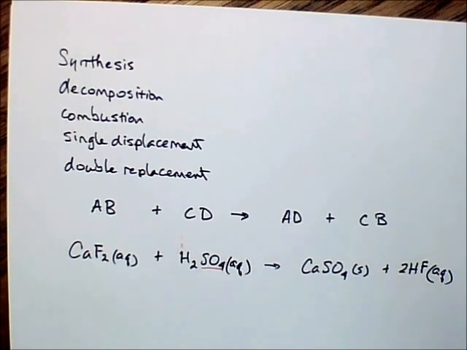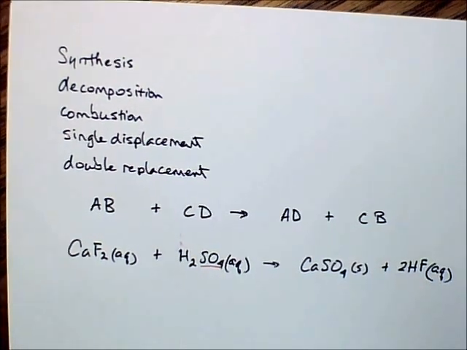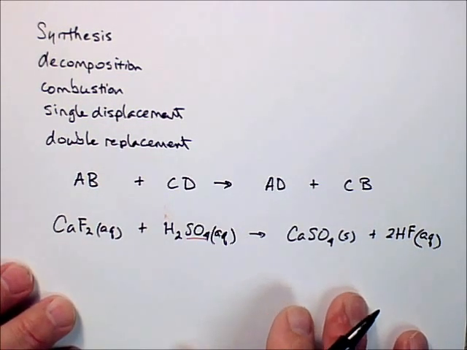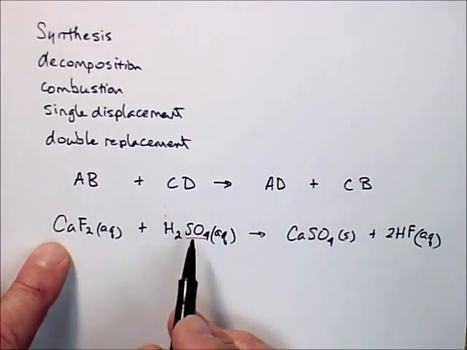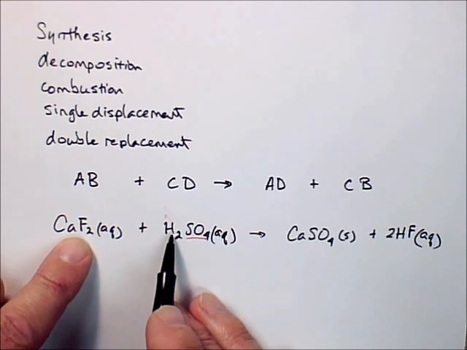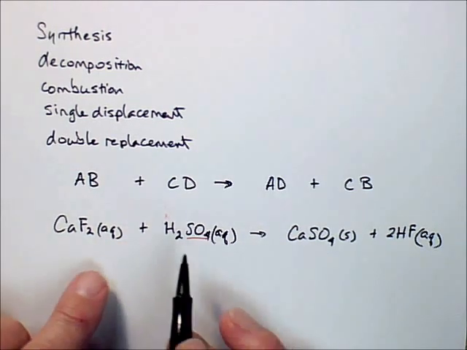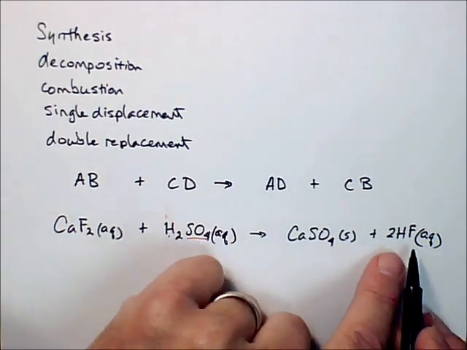And we're going to need 2 of those to balance it out. Okay? So this is a double replacement reaction because the front part of this goes with the back part of that. The front part of this goes with the back part of that. So calcium and sulfate are together. Hydrogen and fluorine are together.